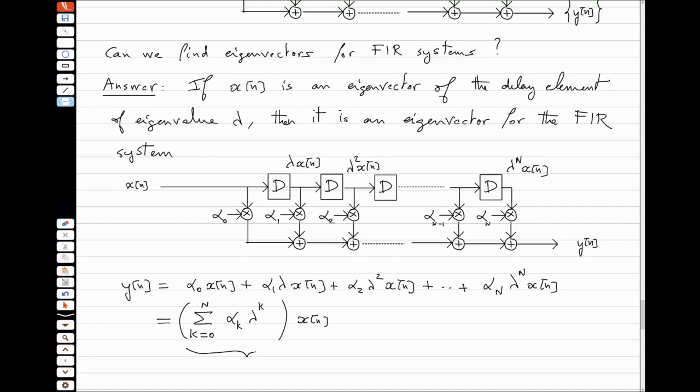This is a new number alpha, which is the eigenvalue of x of n for this system. If x of n is an eigenvector for the delay element of eigenvalue lambda, then it is still an eigenvector for the FIR system, but with a different eigenvalue, which depends on lambda with this formula.